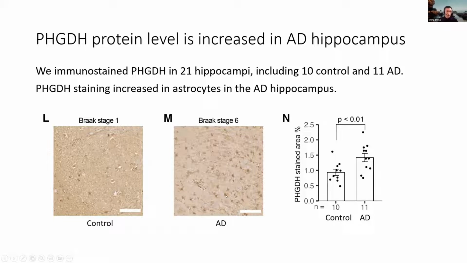So if we ask a pathologist's opinion about what cells are stained, these cells you can see that seem to have a star shape are mostly astrocytes. Those are supporting cells that work with the neuron, and they seem to express a high level of the protein, especially as the AD progresses.